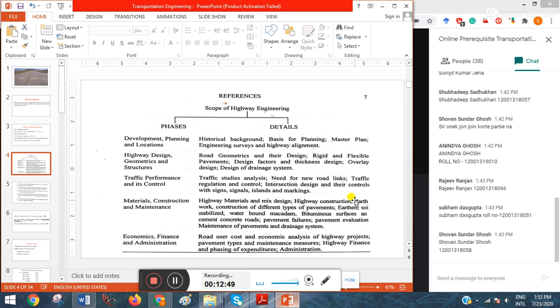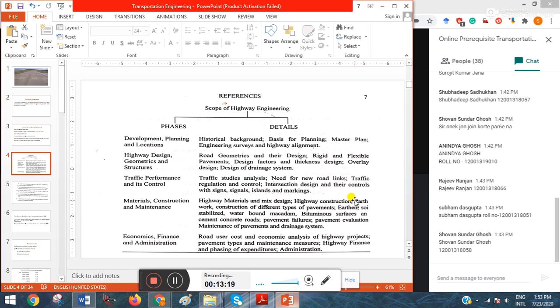So the government takes tax from our people. So these things, taxes, maintenance economics, the money which is required for maintenance, that kind of thing will come under the economics, finance and administration part.